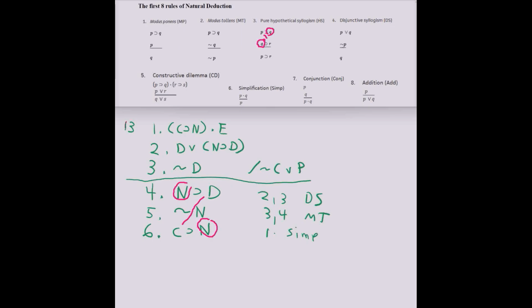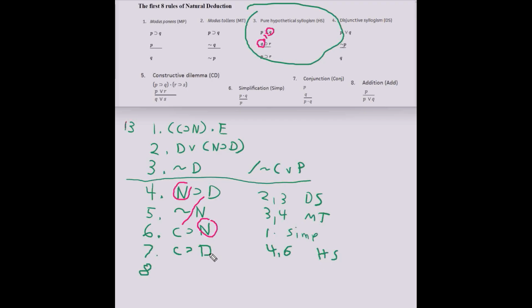So I could go to line 7 here and get if C then D, and I've used line 4 and line 6, and I used the rule up here, pure hypothetical syllogism, to get there.